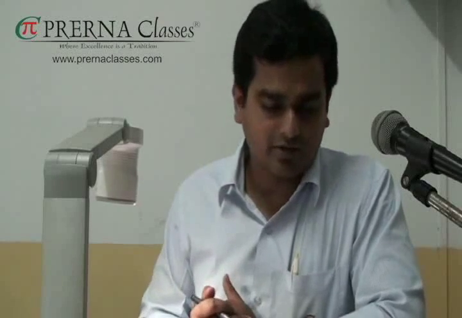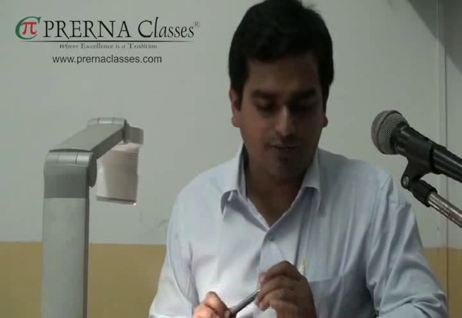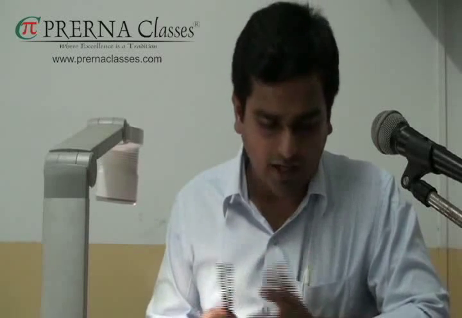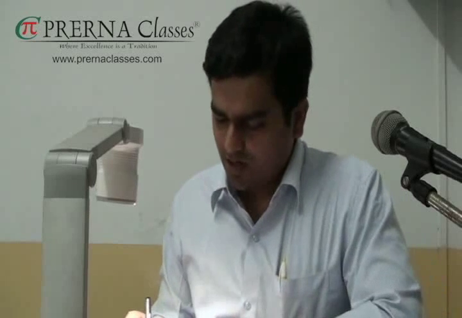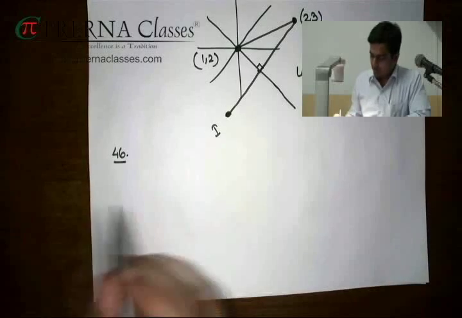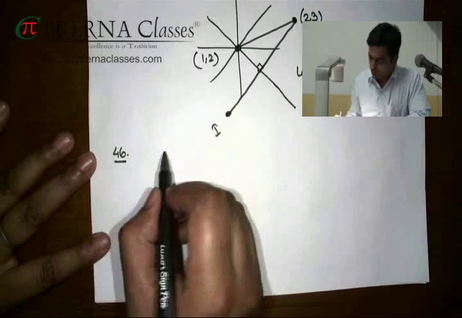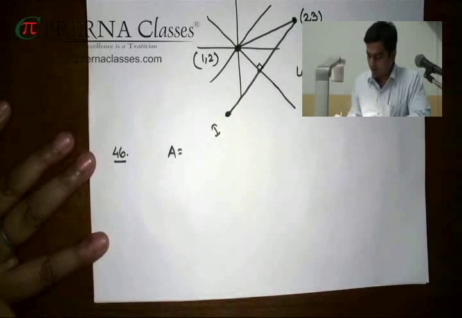Next problem is related to ellipse. You're dealing with the area of a quadrilateral, rather the area of, you can say, a parallelogram, and that area is a fixed expression for any ellipse. That expression is twice of the semi-major axis length square by its eccentricity.